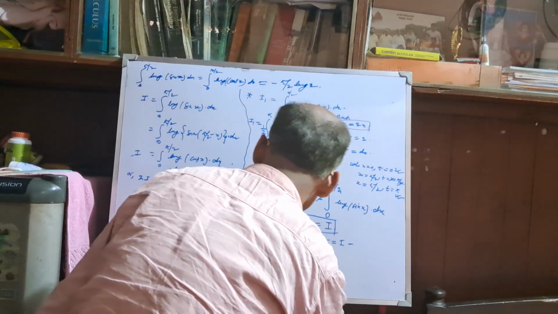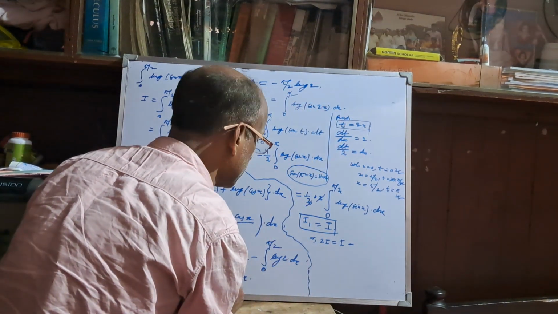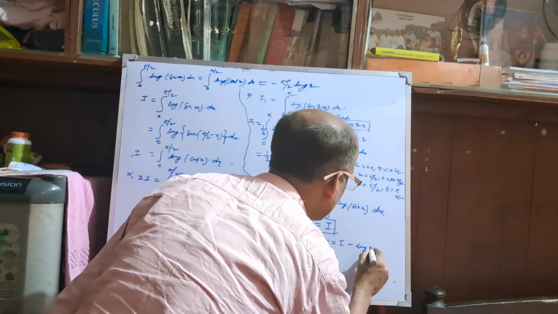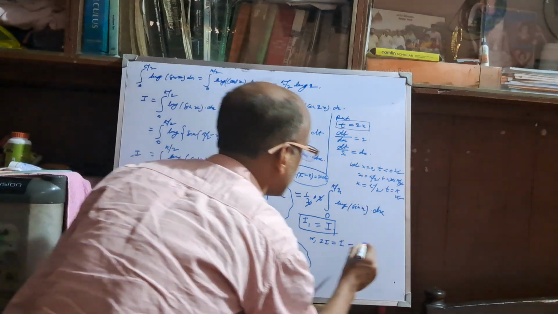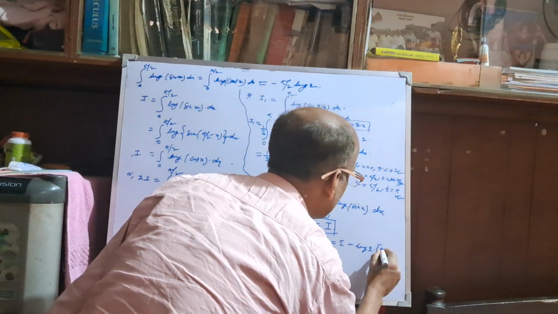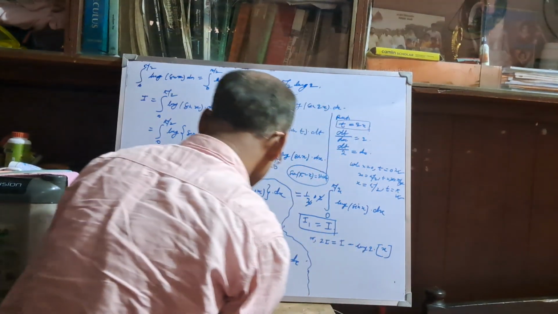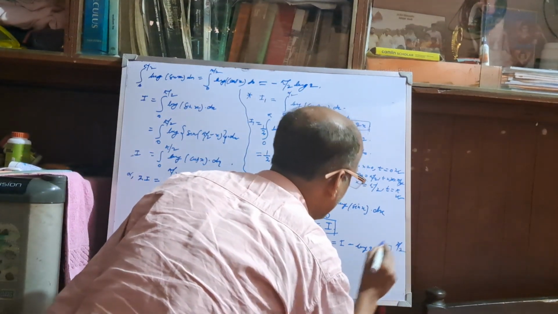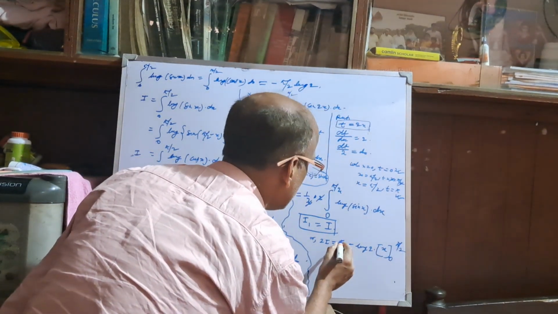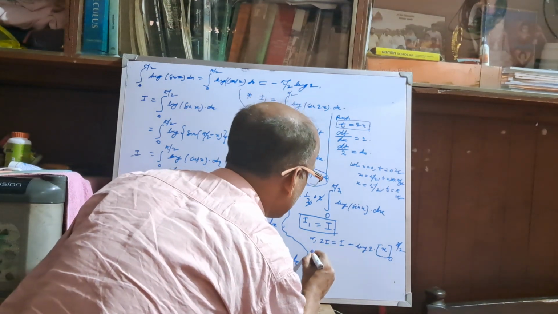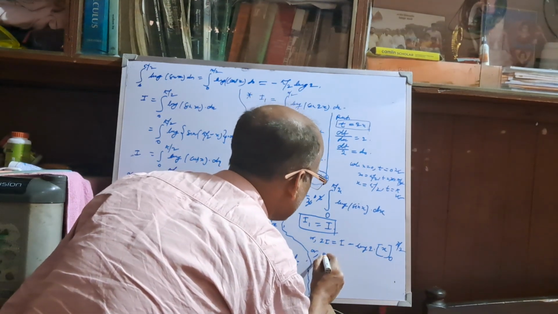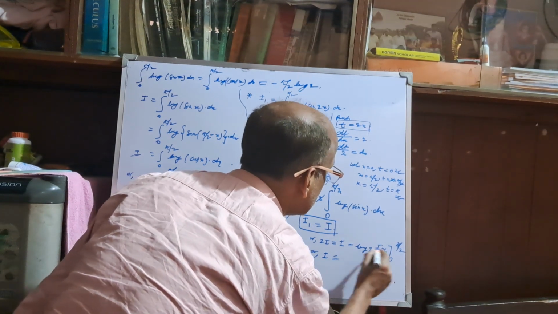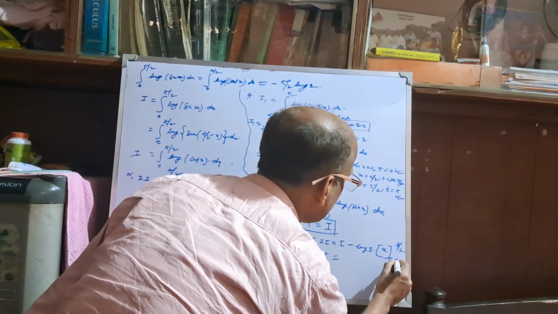I am evaluating directly here, log 2, and this is x. Clear? And that is 0 to pi by 2. Okay. So when I bring this I to the left hand side, then 2I minus I is equal to I, and that is minus pi by 2 minus 0.